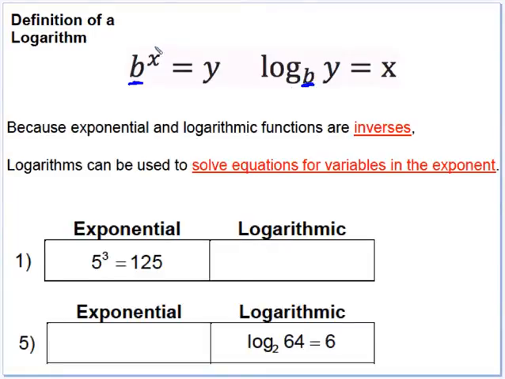And then all you do is switch the place of the x and the y. If you notice, that's all they did. So for logarithms, you add log to the base, and switch the x and y around. So if you have an exponential function and you want to convert it to a logarithm function, you add the log to the base and switch the x and y.